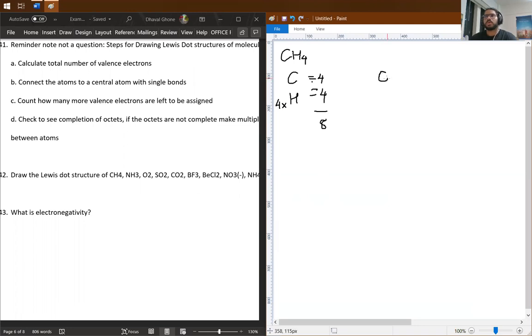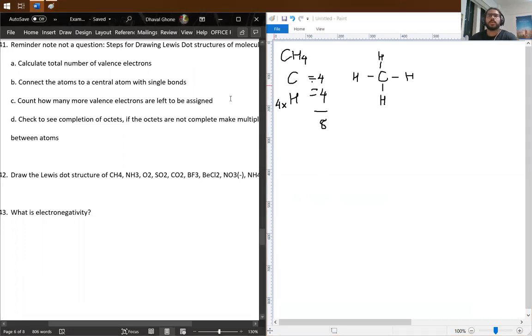The next step says connect all the atoms to a central atom with single bonds. Because there are 4 hydrogens and 1 carbon, I'm going to assume that carbon is the central atom, and connect these 4 hydrogens to carbon using single bonds like this, and then count how many more valence electrons are left to be assigned.